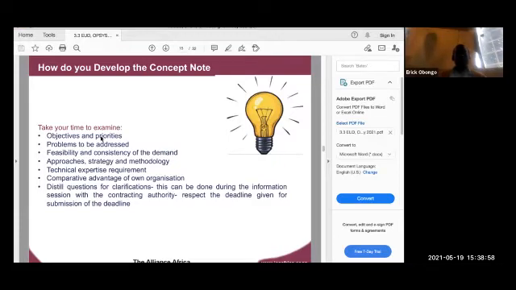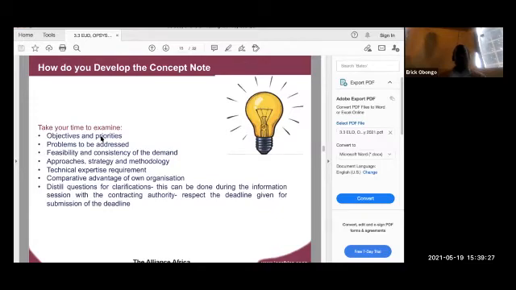You check on the feasibility and the consistency of the issues that you're going to put across, that chronological order of how the program is going to unfold, the approaches, the strategy, and the methodologies that you're going to use, and also looking at some of the technical expertise that you need for you to be able to achieve the results which is required in the program.